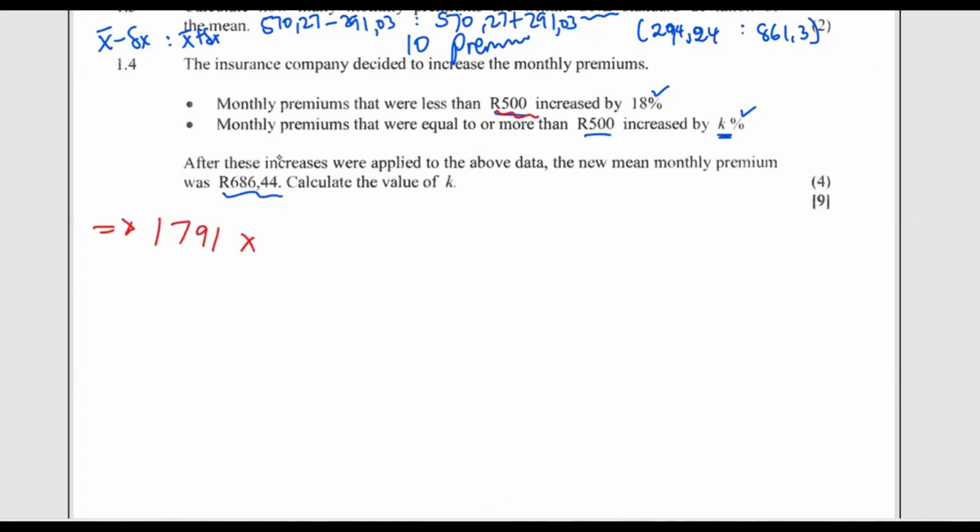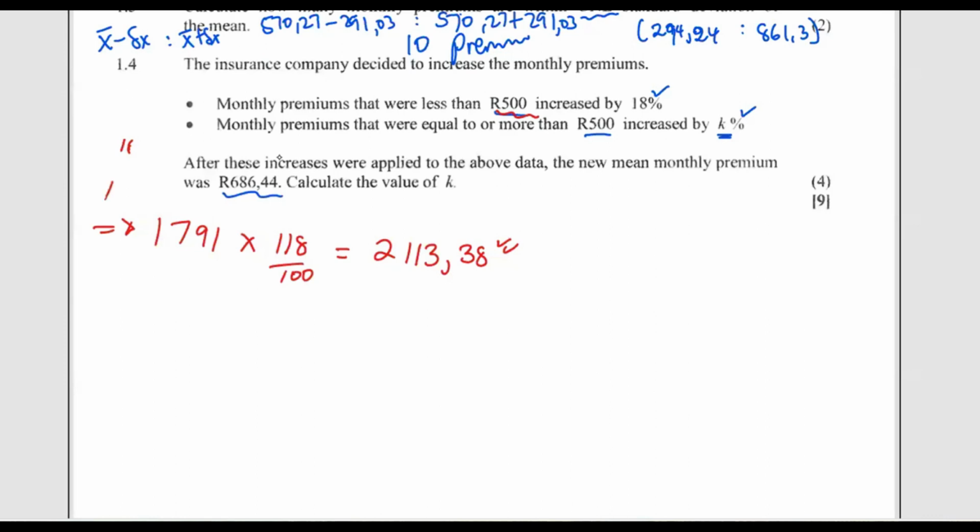Then I multiply this by 118 over 100 to get the new total for those 6 amounts, which is 2113.38. Alternatively, you could take 18% of this and then add it again. So we have this as our first total.